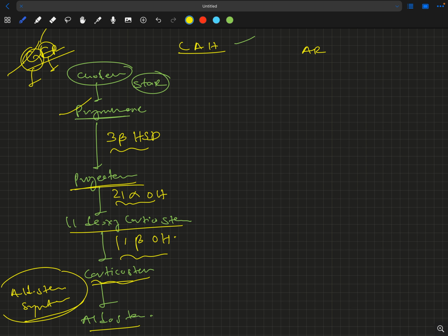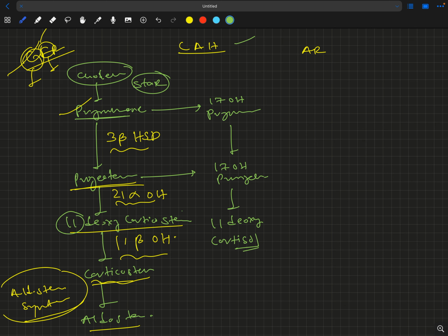In the zona fasciculata, pregnenolone gets converted into 17 hydroxypregnenolone. Progesterone gets converted into 17 hydroxyprogesterone, and 17 hydroxyprogesterone is converted into 11 deoxycortisol, and from 11 deoxycortisol we have cortisol.